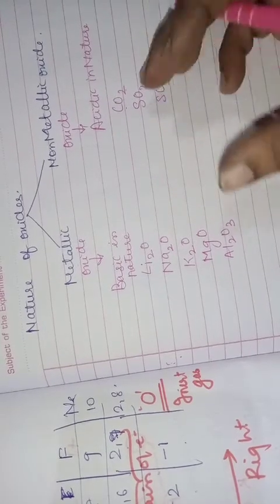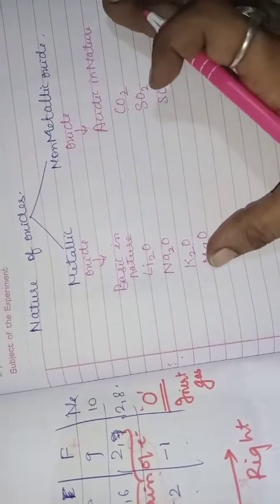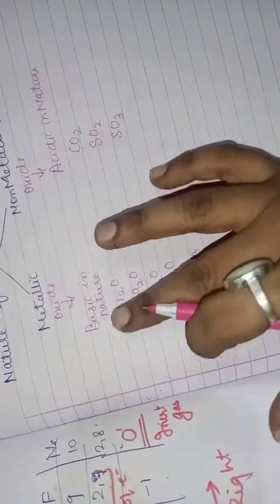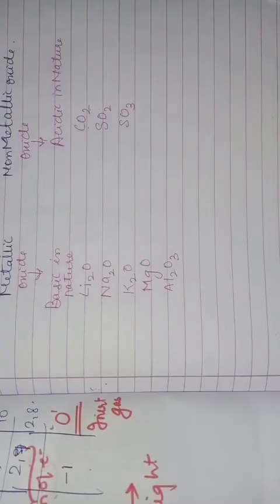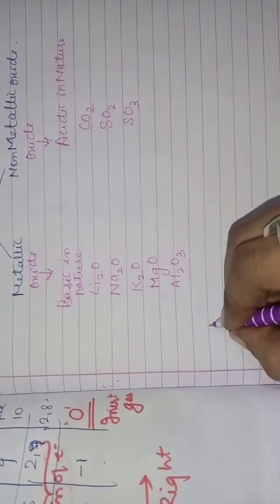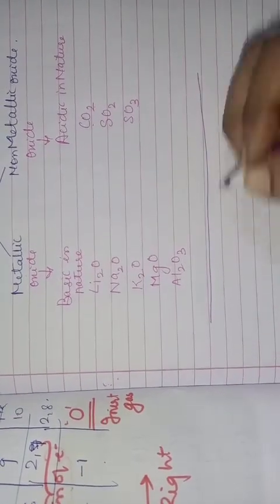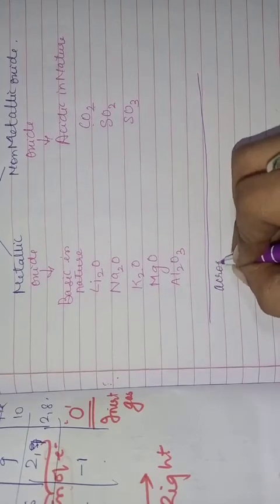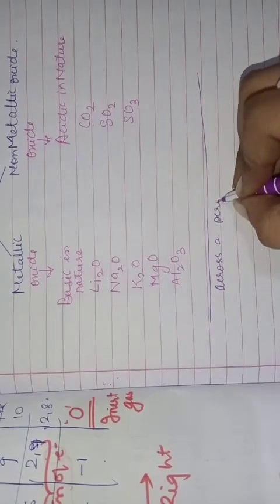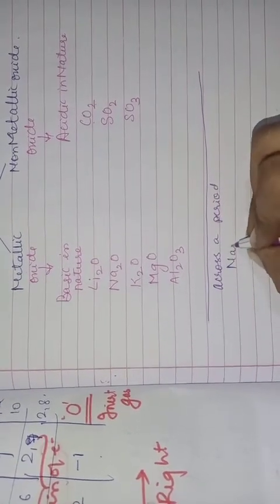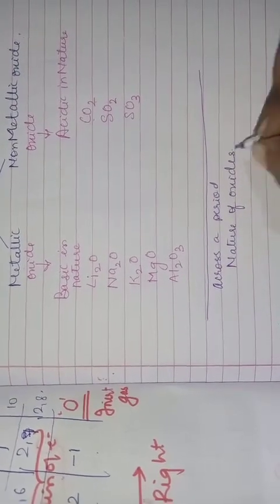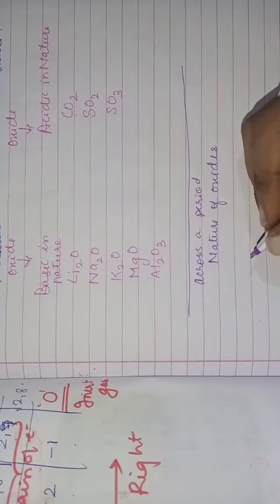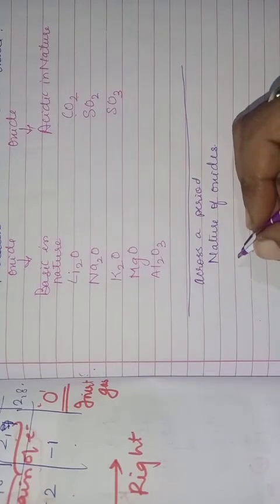Okay children, so across the period, nature of oxide. Now what will happen children? Just go through the properties. It is very simple. When we say across a period, nature of oxides, children, basic nature decreases and acidic nature increases.